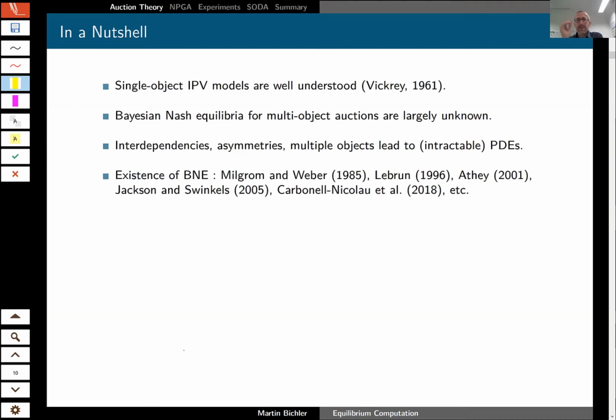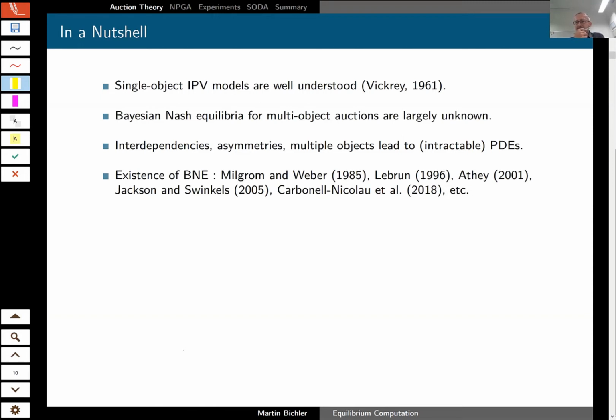Then there is this famous paper by Susan Athey on the single crossing property, which lays out properties for which we can expect pure Bayes Nash equilibria to exist. Jackson and Swinkels is a landmark paper because it really broadens the scope of environments where we know Bayes Nash equilibria exist. And the literature goes up until 2018 and probably even later, right?